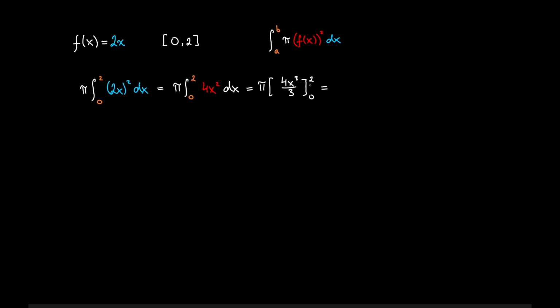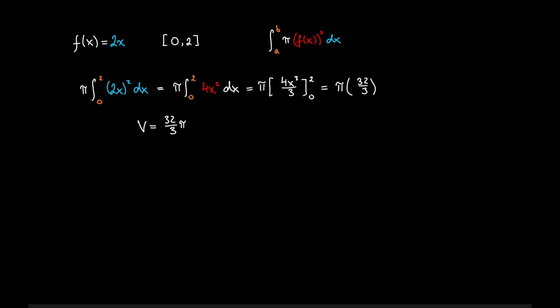We only have to plug in 2 and calculate because plugging in 0 will just give you 0. Inside we get 4 times 8, which is 32 over 3, and in front times pi. So that means the volume would be equal to 32 over 3 times pi.